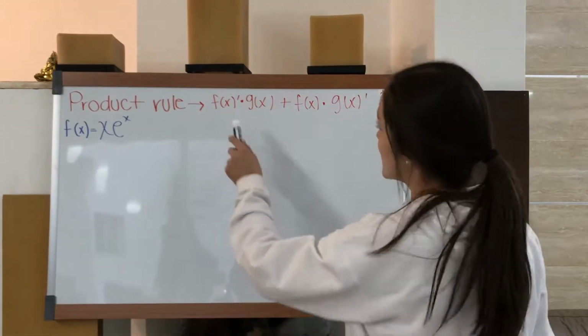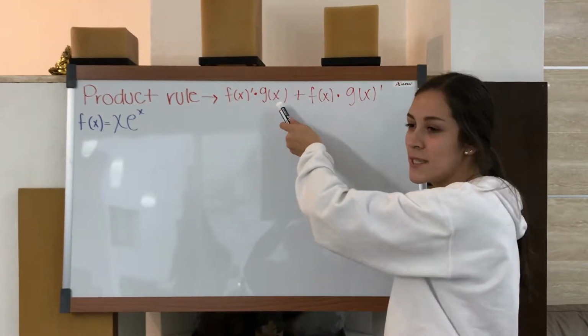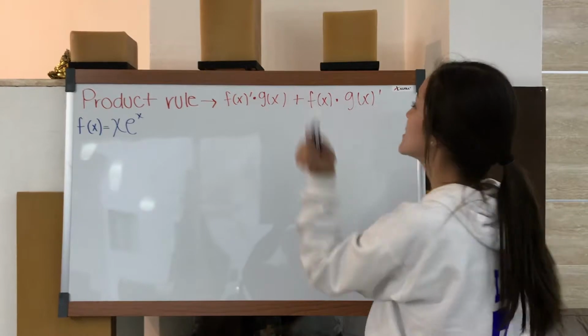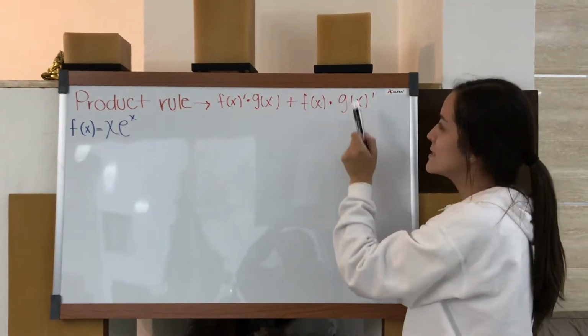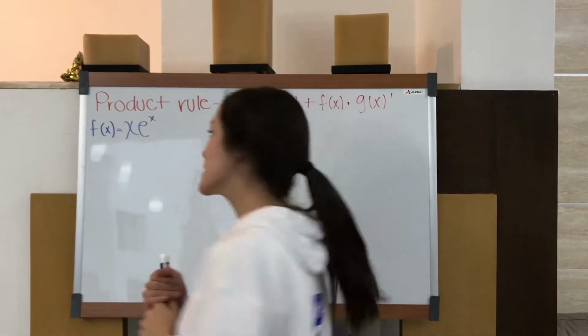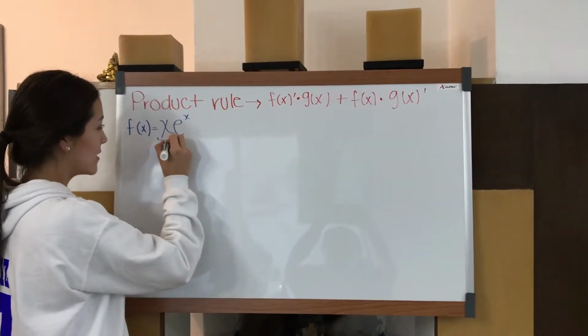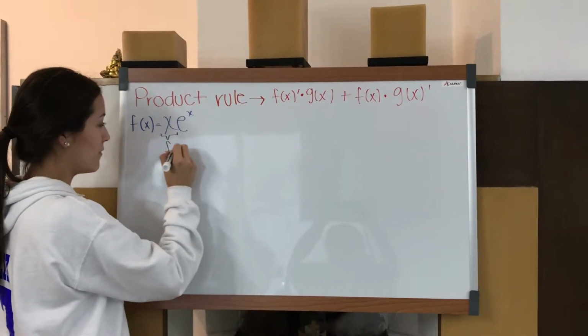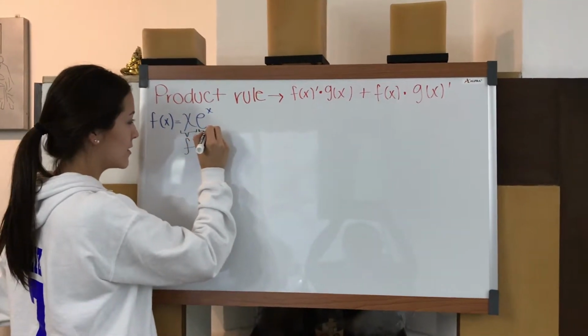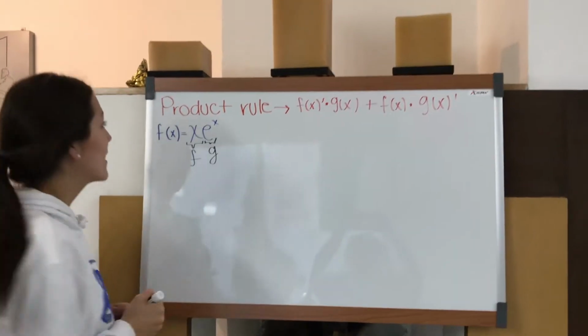The rule is the derivative of the first one times the second one plus the first one times the derivative of the second one. So in this case we have this one that is going to be our f, and this one that is going to be our g.